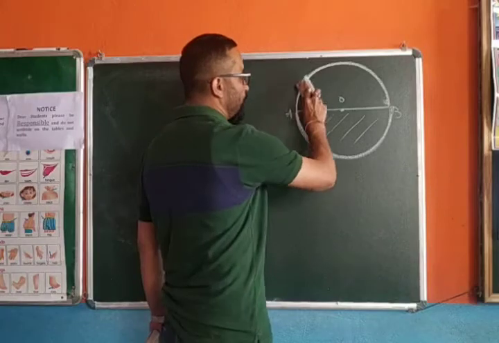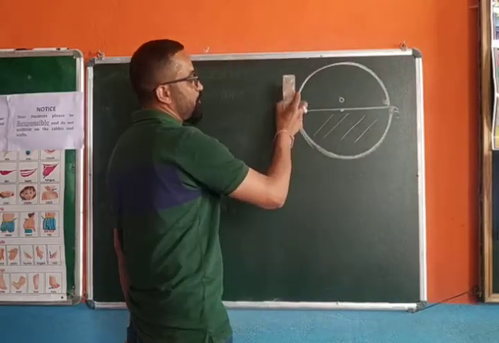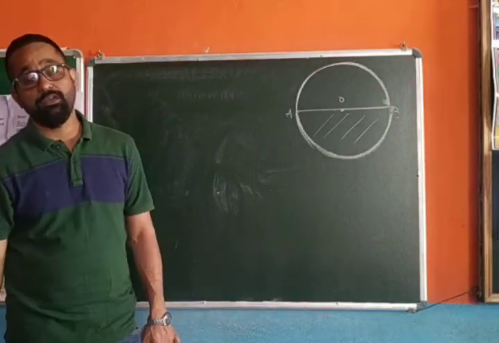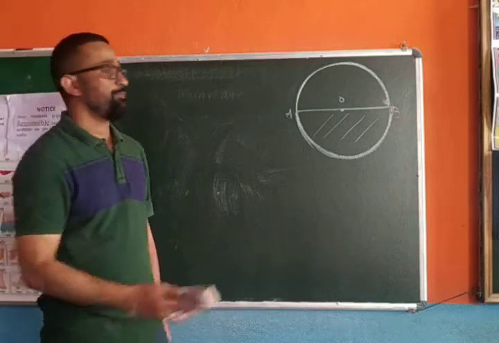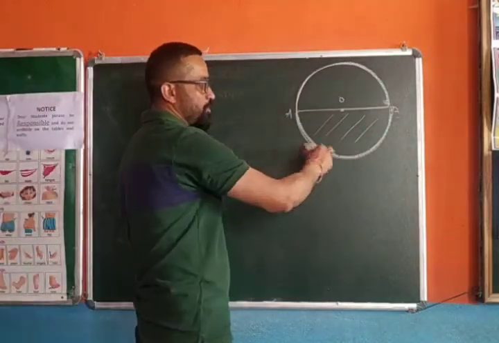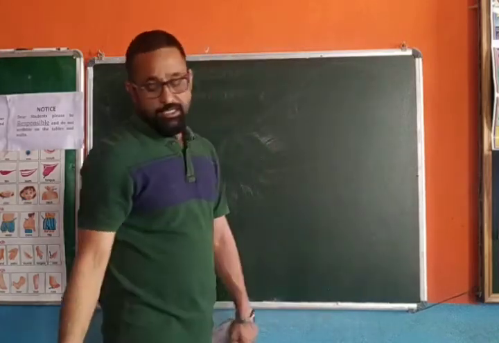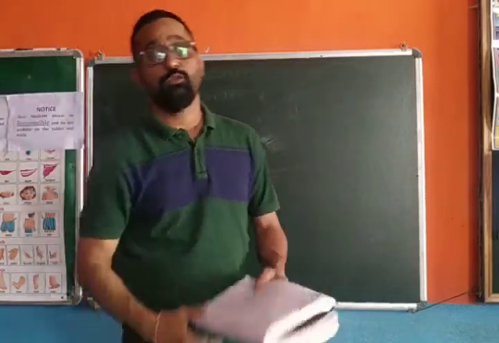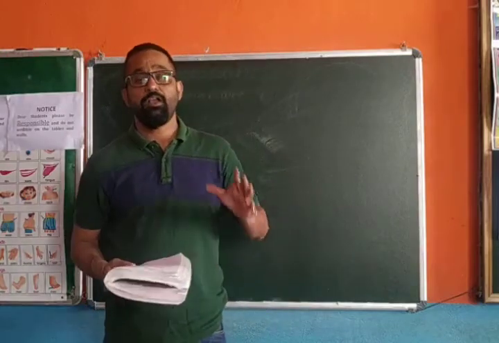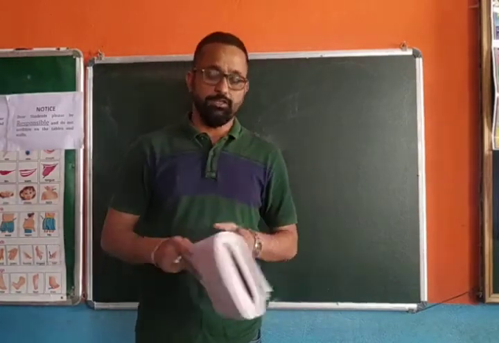Circumference. The whole arc of circle is called circumference. So these are important terms you need to go through from the chapter circle.